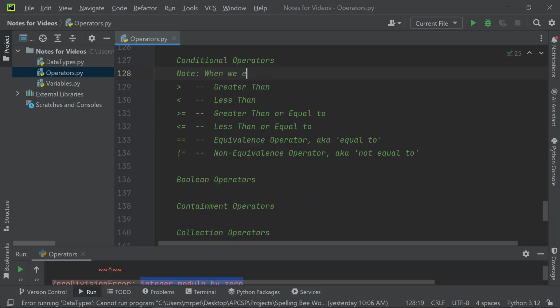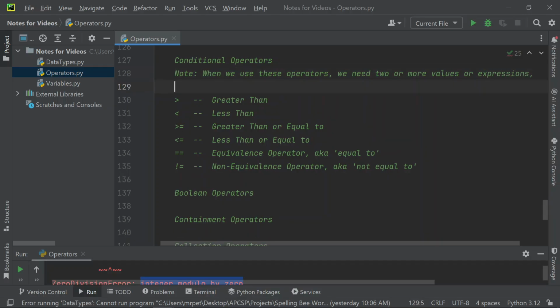when we use these operators, we need two or more values or expressions, and the expressions or values are compared, and we get a result of what?